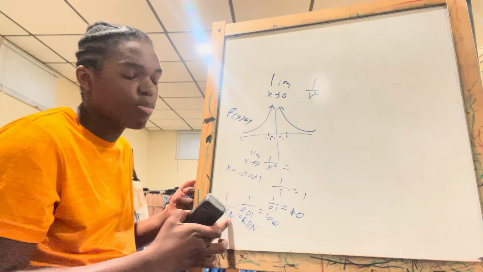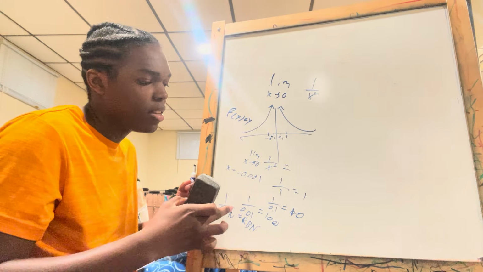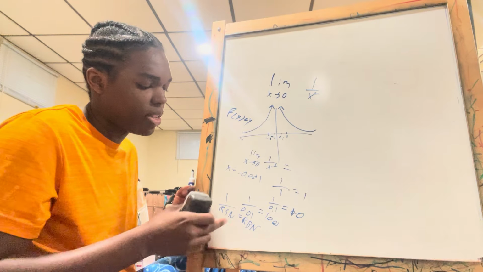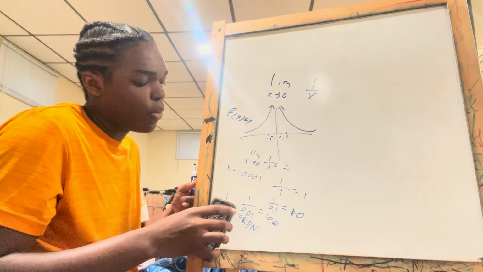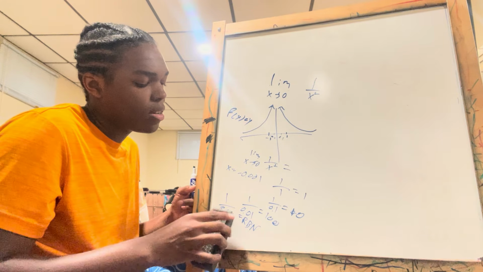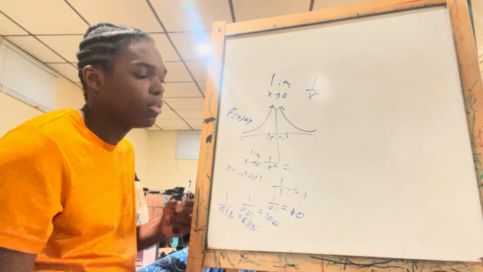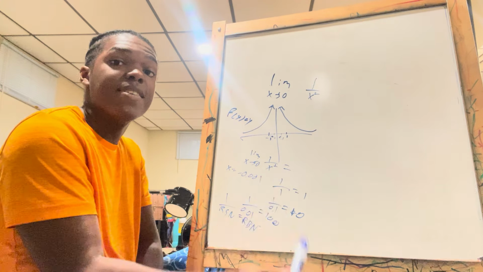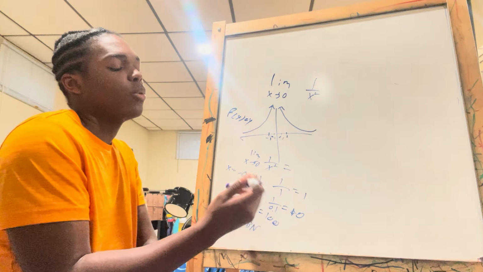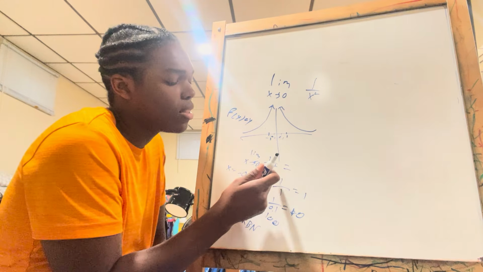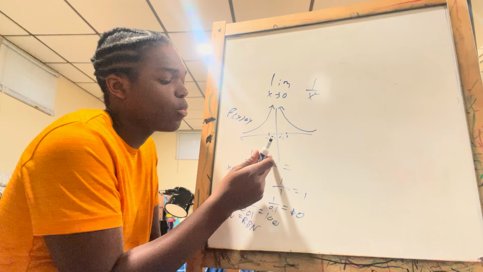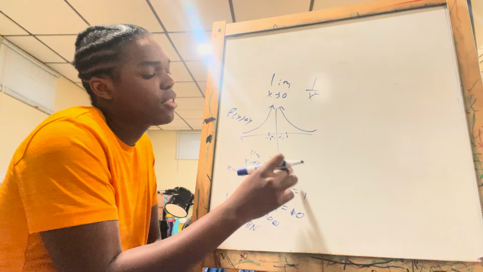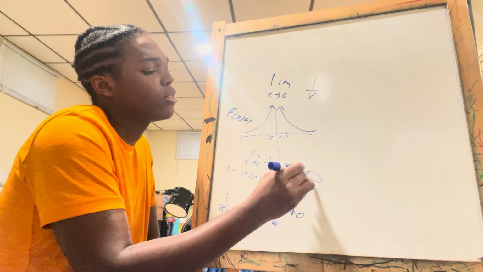Now, this really small number is infinitely close to 0, but it's not 0. That really small number squared would be an even smaller number. But regardless, since it's 1 over a really small number, it's going to approach infinity.